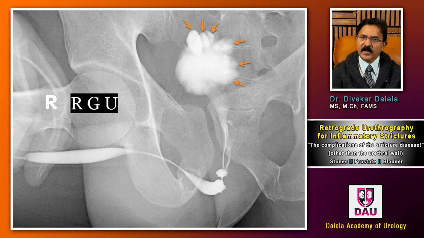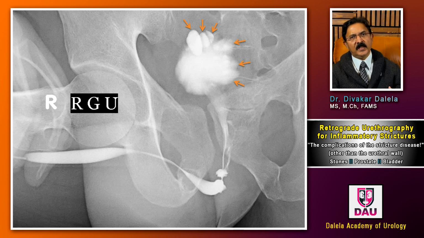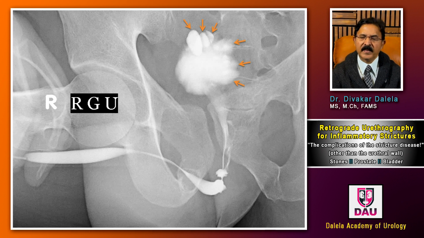Another retrograde urethrogram film of a long penobulbar stricture, and then you see those outpouchings on the bladder, and they are diverticulum formation. So the point I'm trying to make is that in stricture urethra, secondary diverticulosis of the bladder is very common.